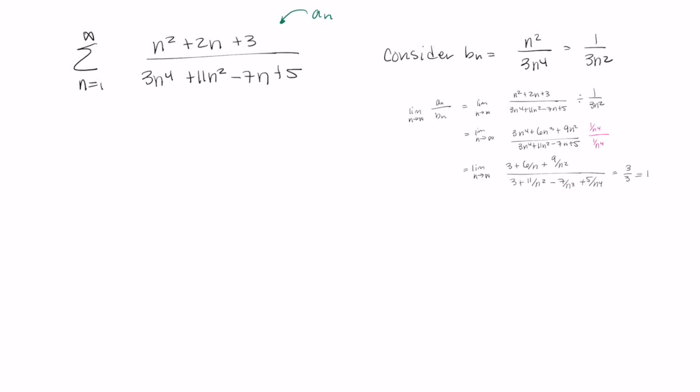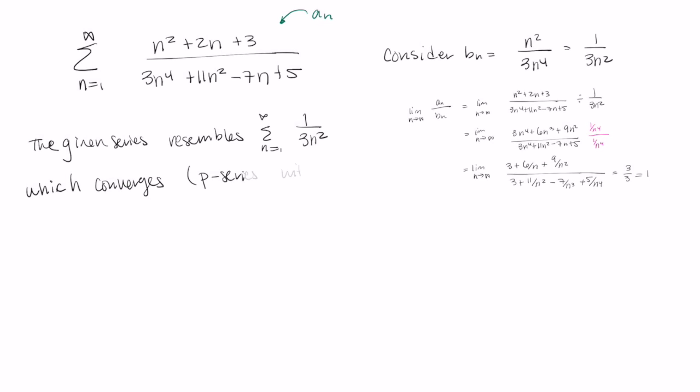Okay, now let's go ahead and write our conclusion out. So the given series, and I'm using the given series since I don't want to rewrite this mess, resembles this series, which converges. This is a p series with p equal to 2, which is greater than 1.